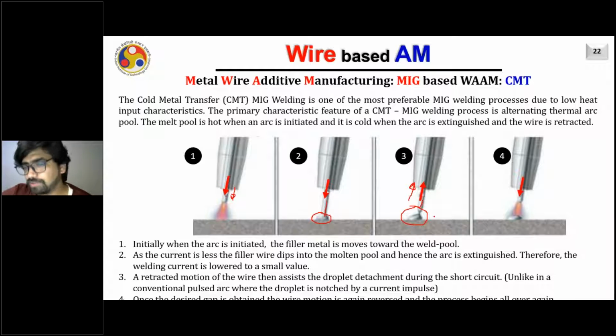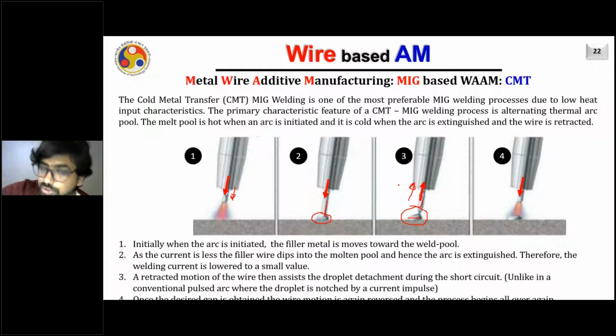You know that because the contact area is large here, the wire alone, without taking the droplet along with it, will move back. As soon as the wire moves back, the desired gap will be obtained, and the process will again repeat itself. So these steps, 1, 2, 3, will keep on repeating.